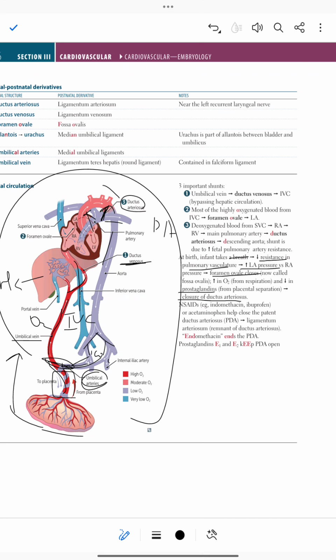It's a remnant of ductus arteriosus. We have a mnemonic, indomethacin and PDA. PDA is a patent ductus arteriosus. Prostaglandins, especially E1 and E2, keep PDA, patent ductus arteriosus, open.